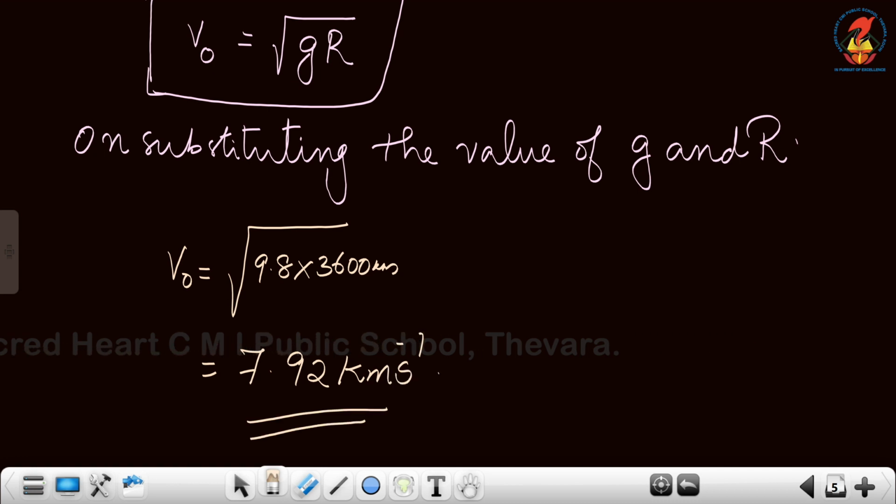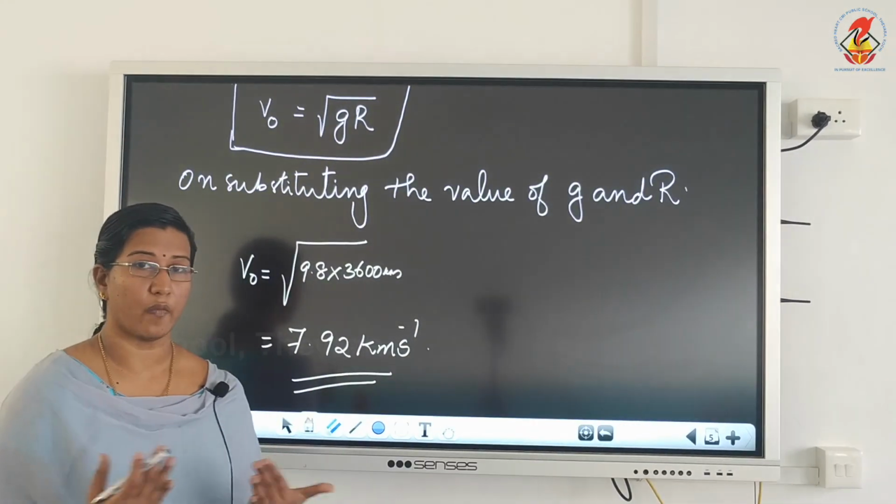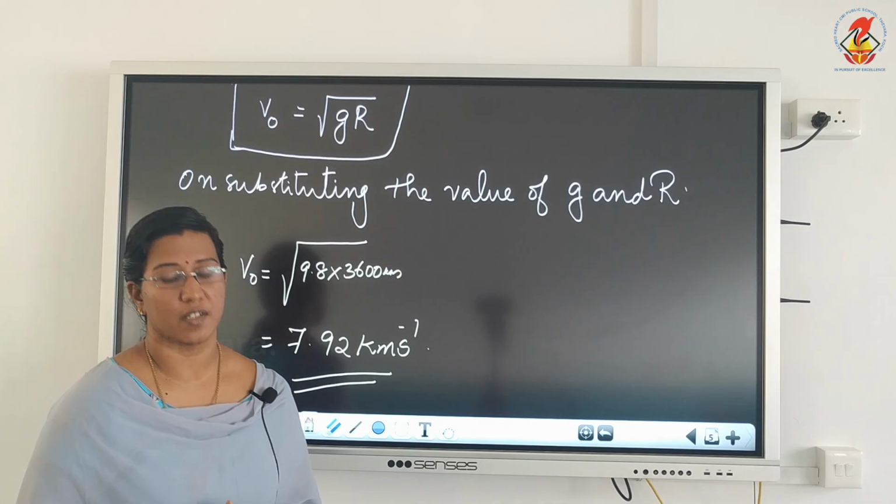This is the orbital velocity of a satellite which is revolving very close to the surface of the Earth.